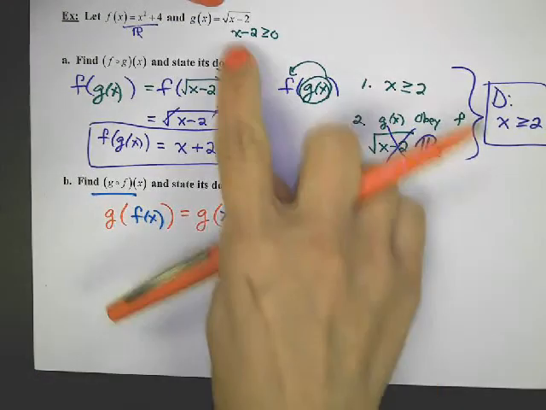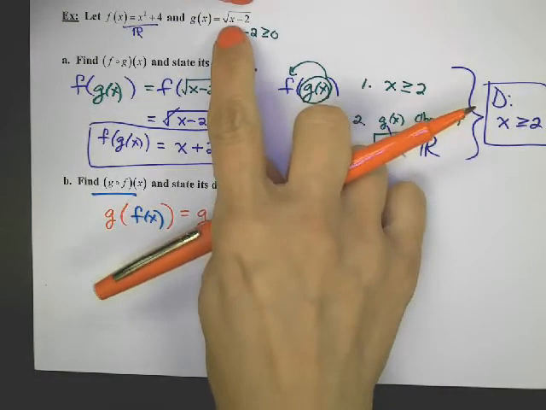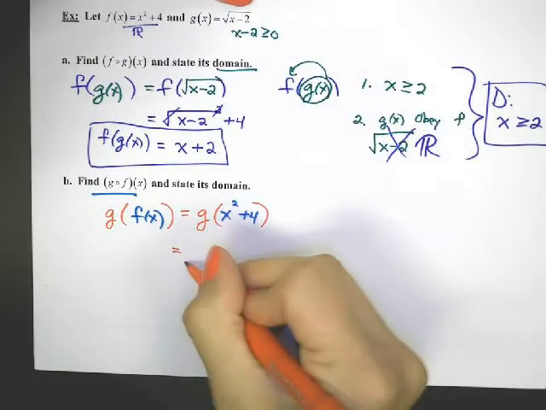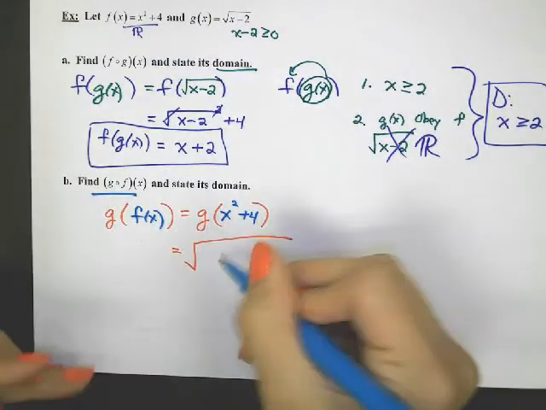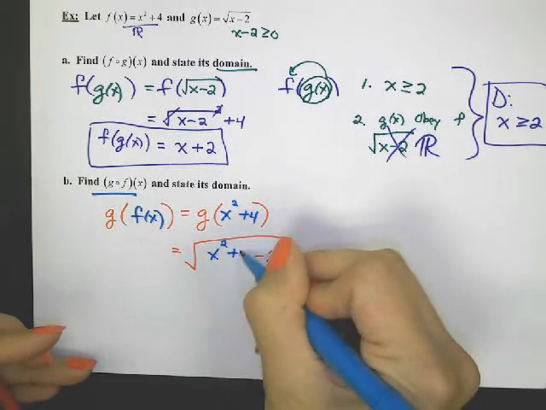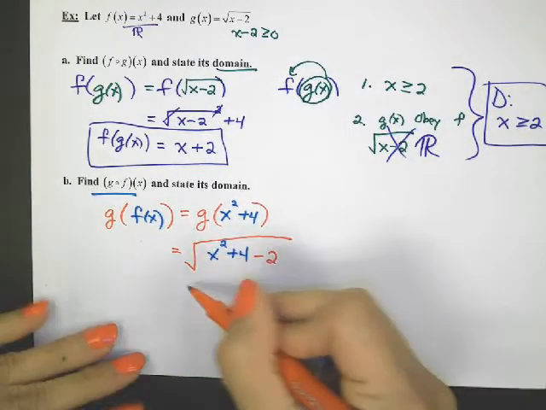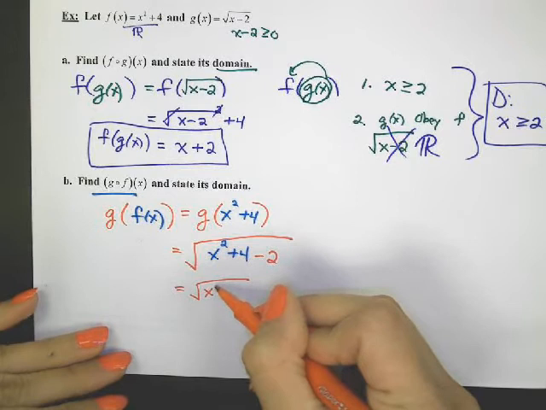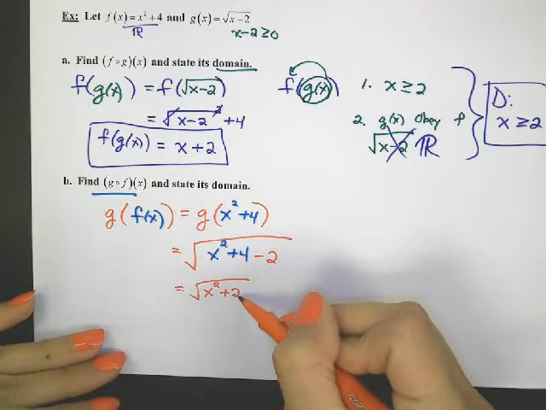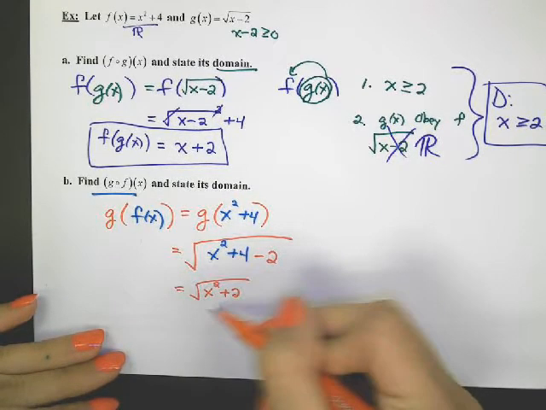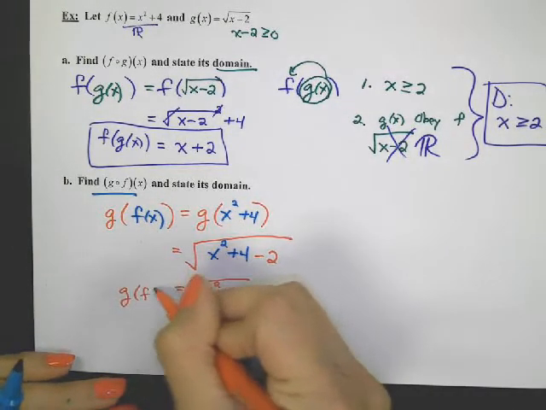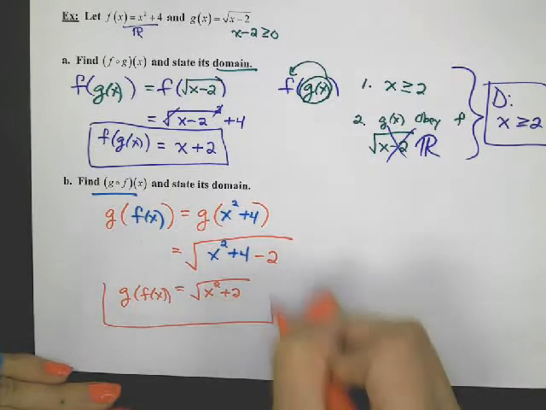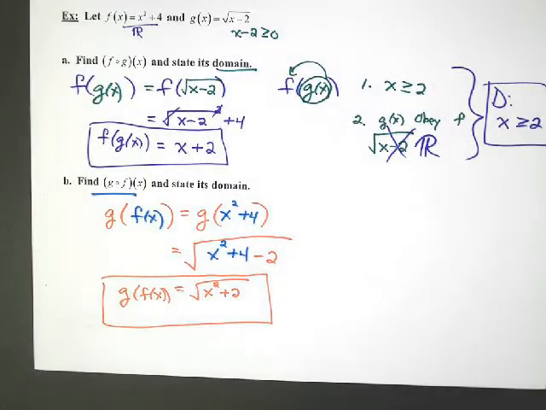G, what does g say? He says square root your input minus 2. And the input is x squared plus 4. Let's add the numbers first. x squared plus 2. And you cannot square root this, it is a quantity. Nobody can come out. So g of f of x is going to equal this expression right there.